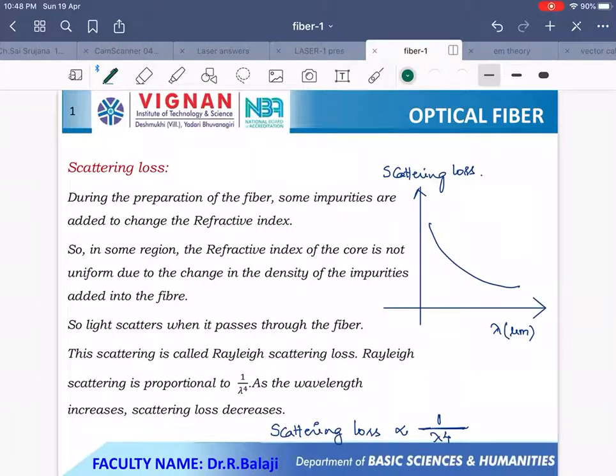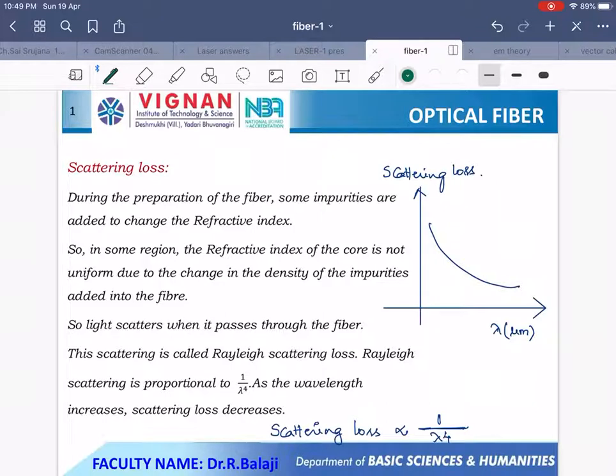Second one is scattering loss. We know to vary the refractive index of the core and cladding, we are adding some impurities like boron, phosphorus. Such impurities you are adding to maintain the variation of the refractive index of the core and cladding. But in case of the core, actually the core should have the same refractive index throughout the optical fiber, but it is not practically possible.